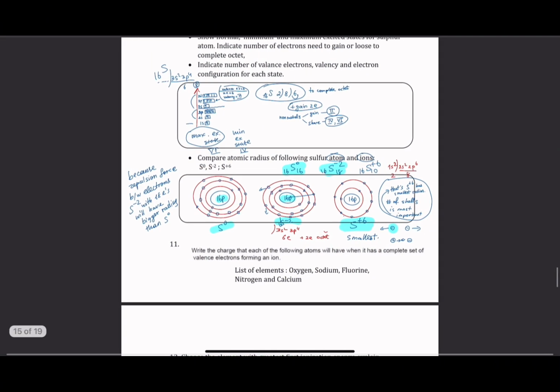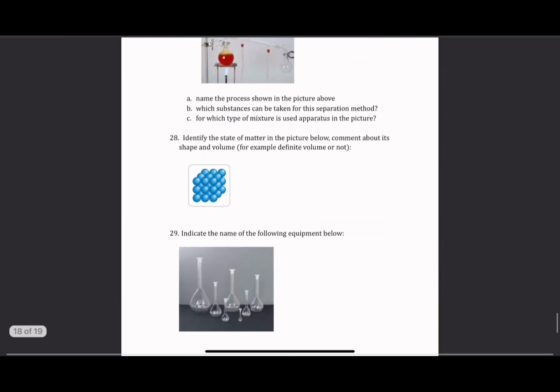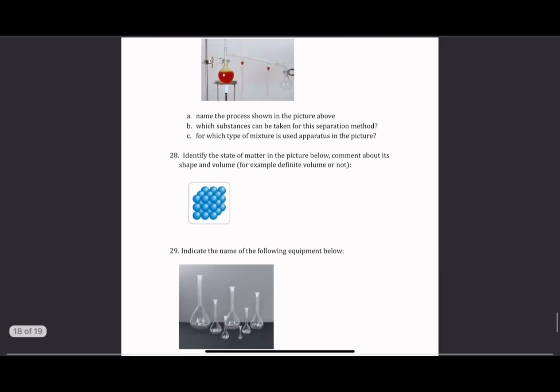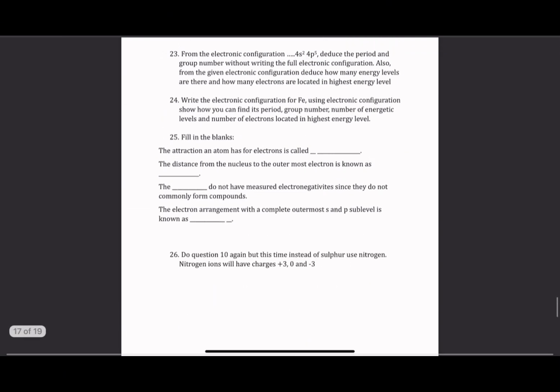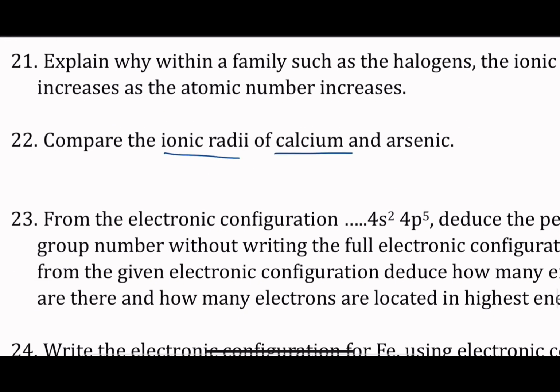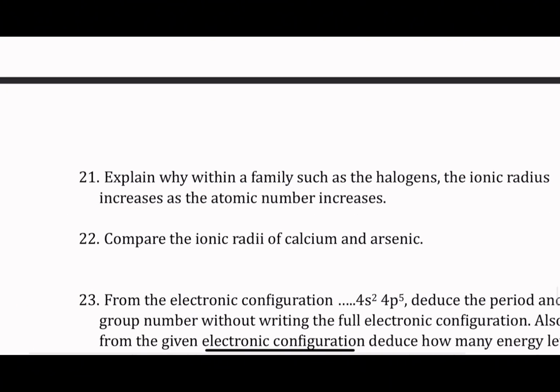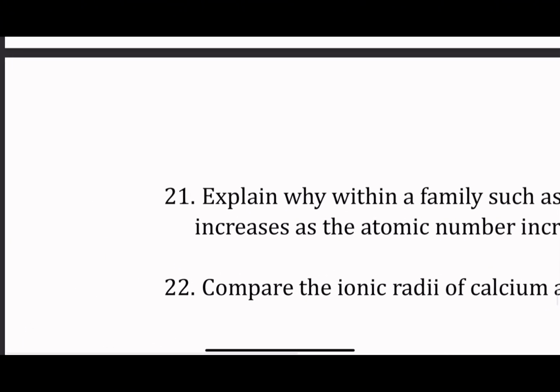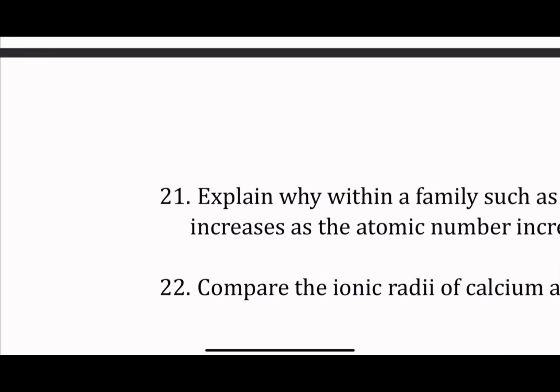And there is a similar question in 22. In 22, it is asking, compare the ionic radii of calcium and arsenic. But I need to quickly summarize this up before we go. So there are three factors that we discussed. One of them is number of shells. This one is the number one priority.